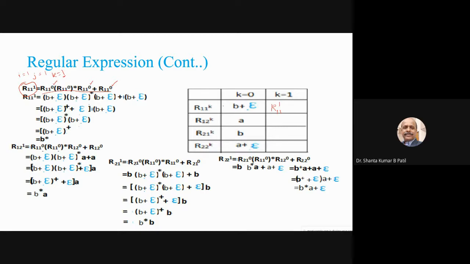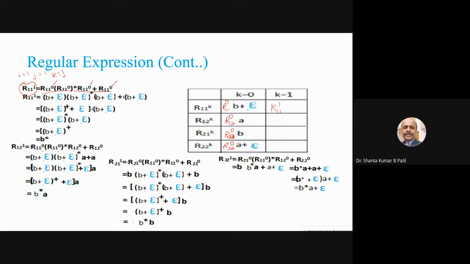So this is R11 power 0, this value is R11 power 0, this is R12 power 0, this is R21 power 0, and this is R22 power 0.